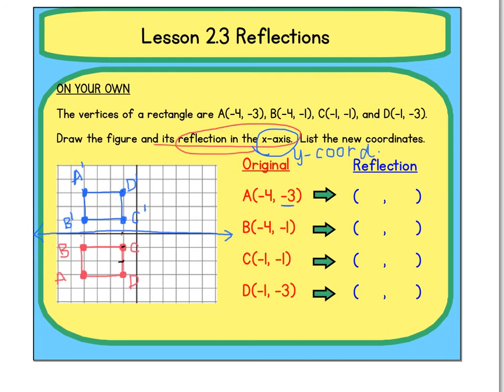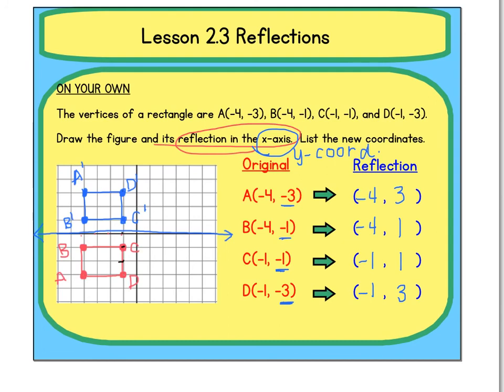So the x stays the same, and the -3 becomes a +3. The x stays the same, the -1 becomes a +1. The x stays the same, the -1 becomes a +1. The x stays the same, the -3 becomes a +3.